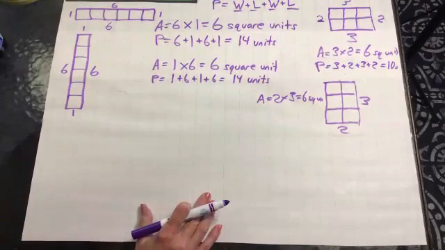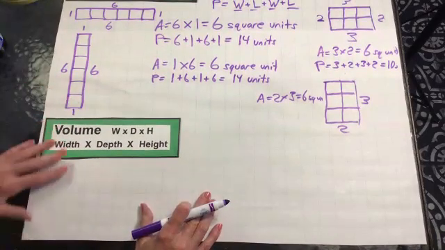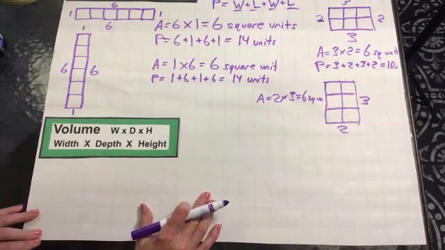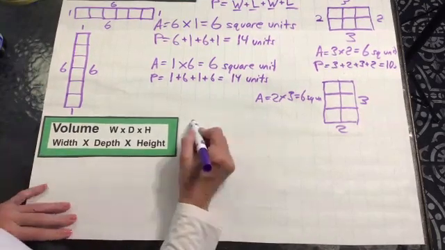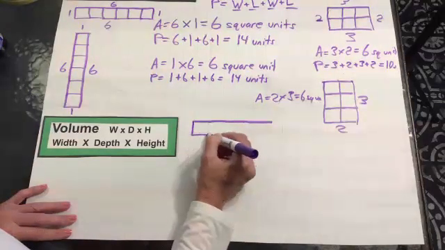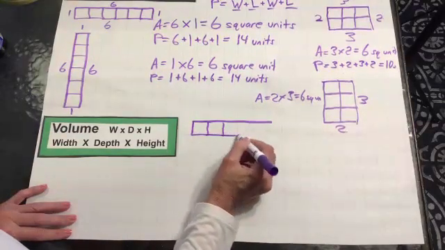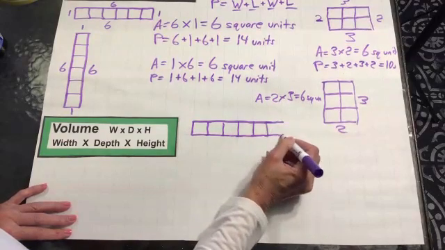All right, so let's move on to volume. Volume is width times depth times height. All right, so let's do the one across. Six across. We're doing the vertical.